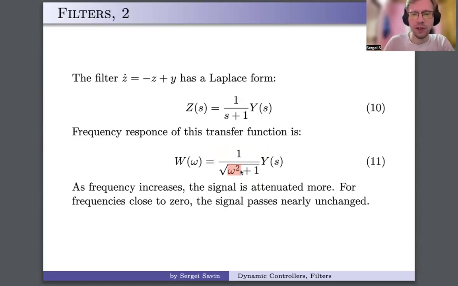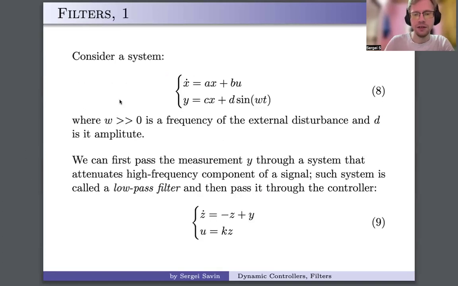Now, what if omega is a very big number? Well, then this is almost 0. So the signal goes away completely. And we said that for our task, w is a high frequency. So it is going to go almost to 0.